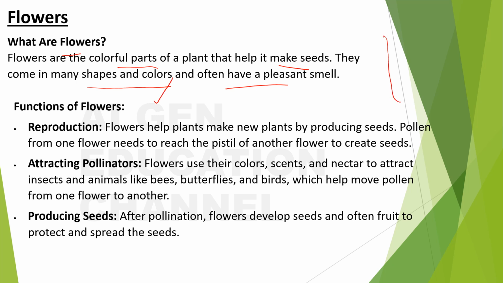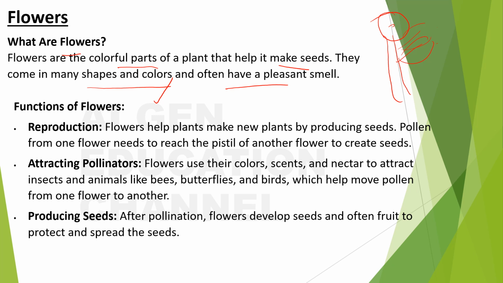You can find the entire plant to be green, and when there is everything green and something in red or pink or yellow, orange, anything, that will stand out, right? With all the green in between, if you find some color popping up, automatically you'll get attracted to it and you will tend to pluck it.